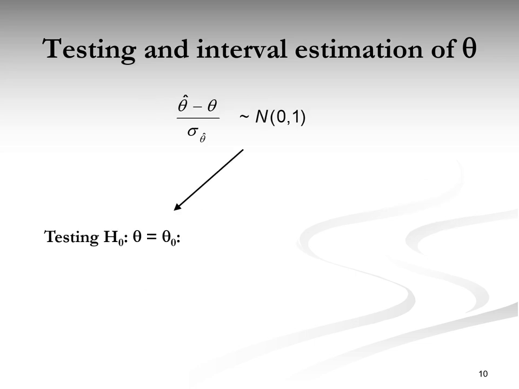First, to test a null hypothesis. Suppose that your null hypothesis is that theta, so the population effect size, is equal to a specific value theta 0. In that case, under the assumption that the null hypothesis is true, this would mean that the estimate minus the theta under the null hypothesis divided by the standard deviation of the sampling distribution follows a standard normal distribution.